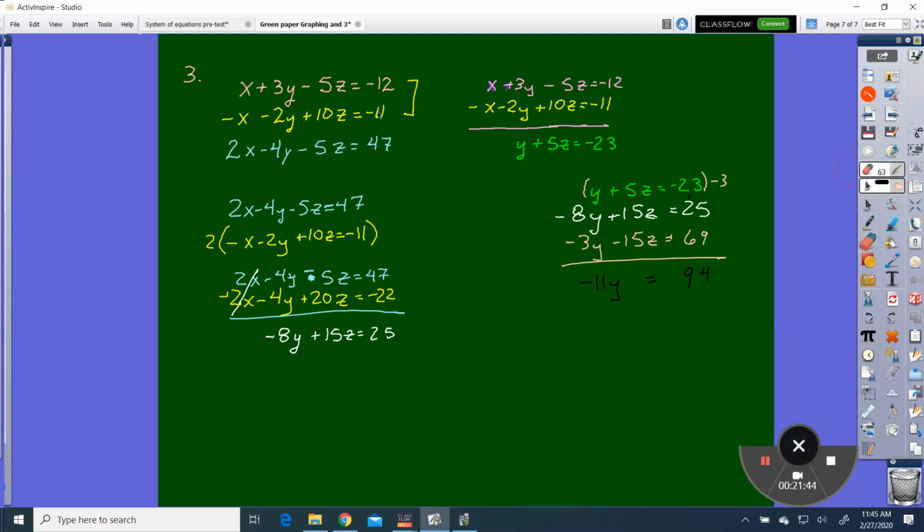This negative 11 is supposed to be a 6. So hopefully I remember to tell you this before I give you the paper, because that has a change on everything. So that should be negative 6, which makes 3 times negative 6 a positive 18.